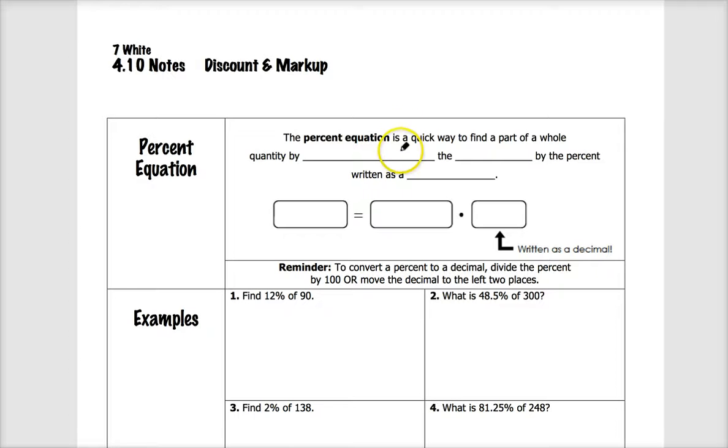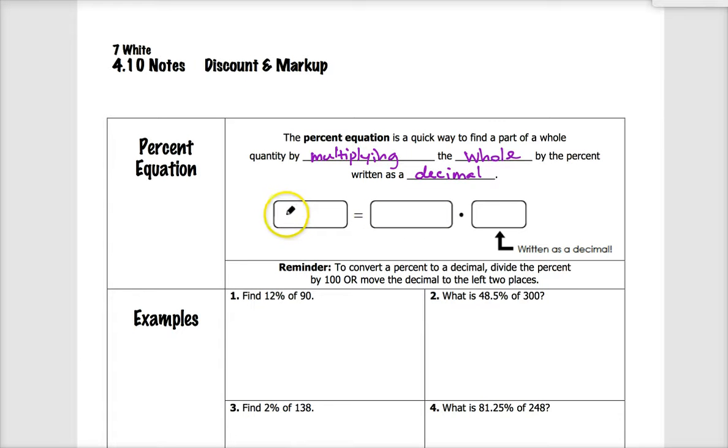The percent equation is just another way of doing some of those types of problems, and it's a quick way to find a part of a whole quantity by multiplying the whole by the percent. And the way we do that is we write the percent as a decimal. So this is the format for the percent equation.